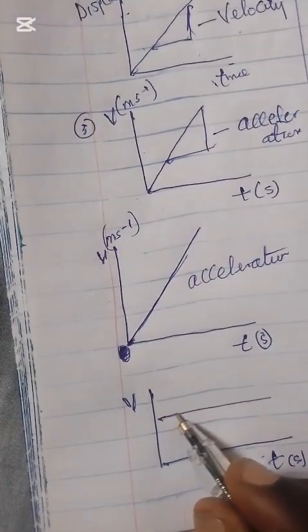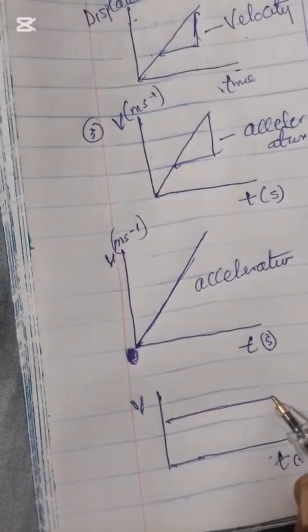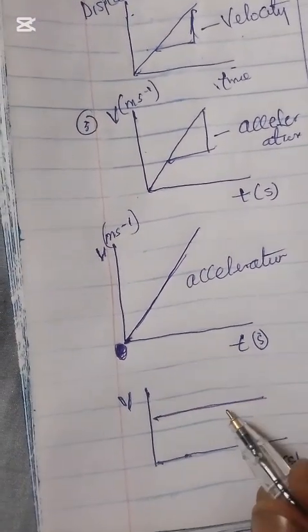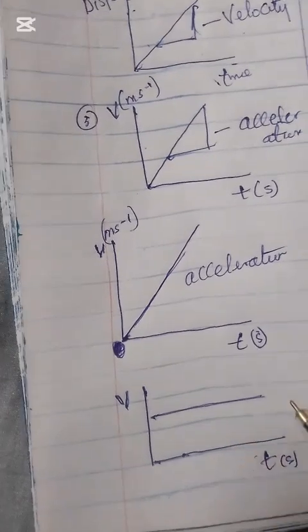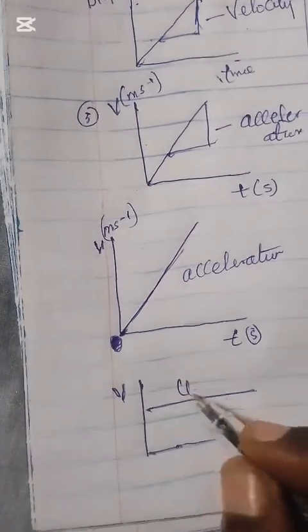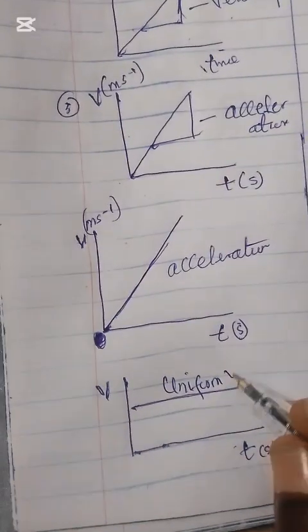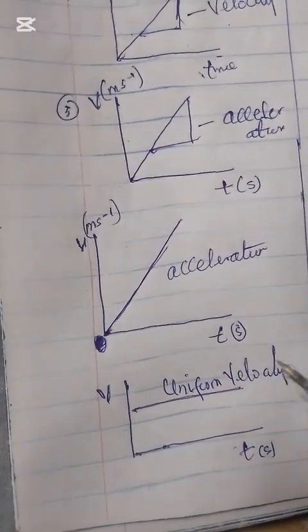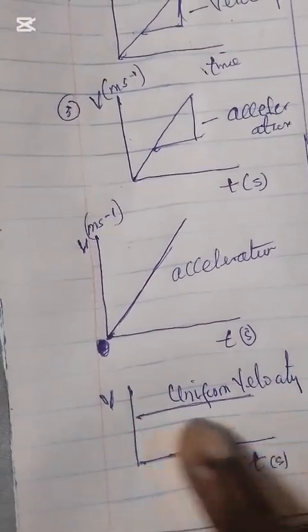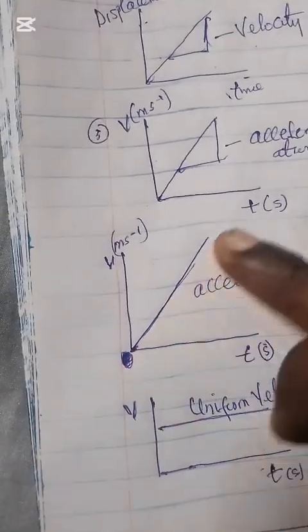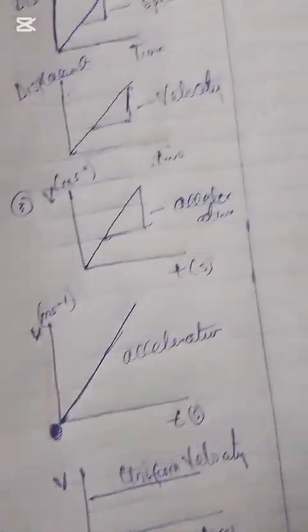So this means the object is moving with uniform velocity or constant velocity. If you don't want to use the word uniform velocity, you can use the word constant velocity. So uniform velocity goes horizontal. Acceleration goes like this. Then the last is retardation.